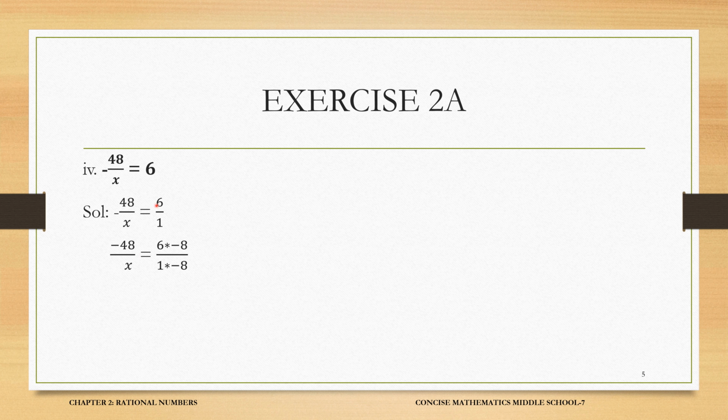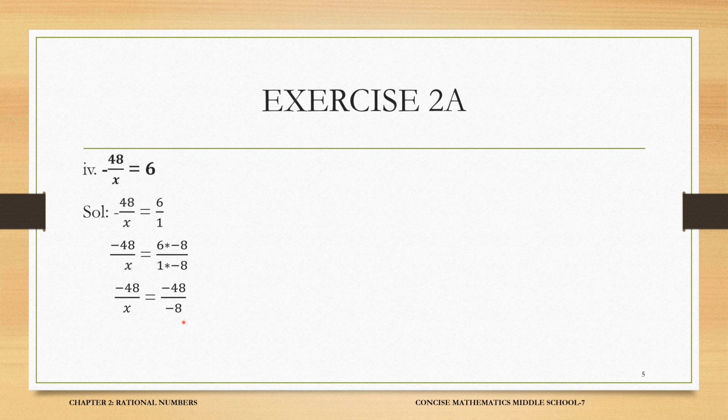In order to make the 6 into 48, we should multiply it with minus 8, because minus 48 is over here. That's why I'm multiplying it with minus 8. Because you are multiplying it with minus 8 in the numerator, you have to multiply the same in the denominator, that is minus 8.